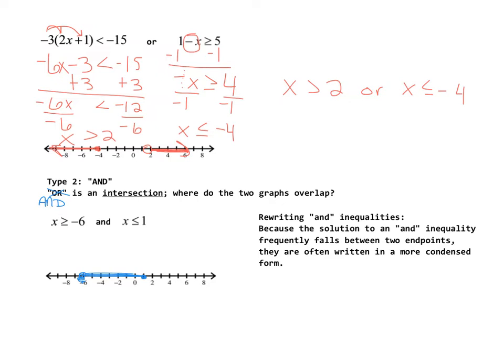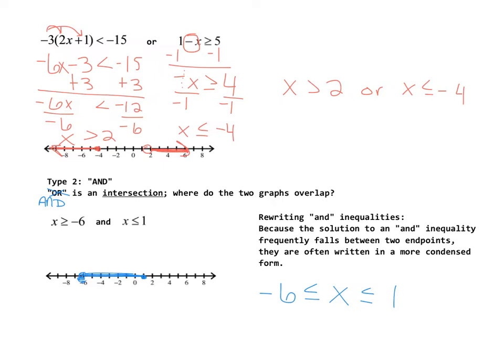You can write it this way. We're going to put x in the middle because x is between these two numbers. You're going to put the lowest number on the left, the highest number on the right, and you say negative 6 is less than or equal to x, which is less than or equal to 1.